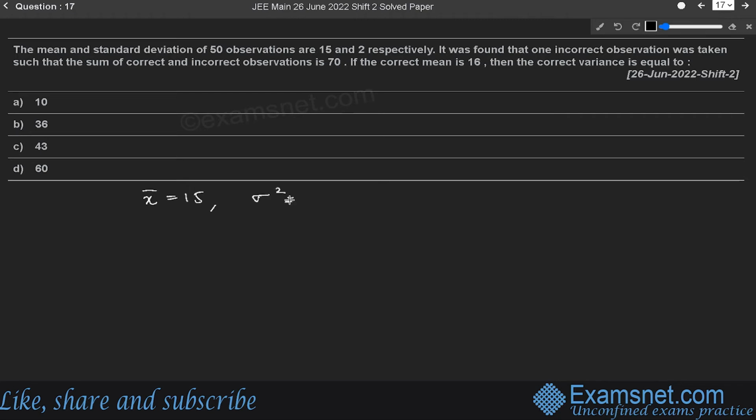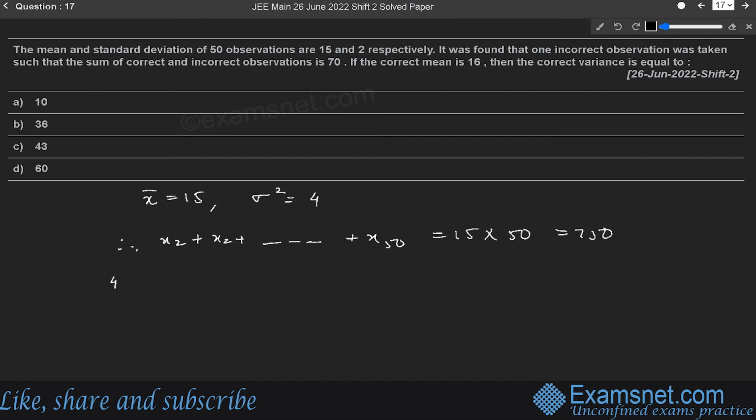So sigma square will be 4, since standard deviation is 2 and variance is the square of standard deviation.